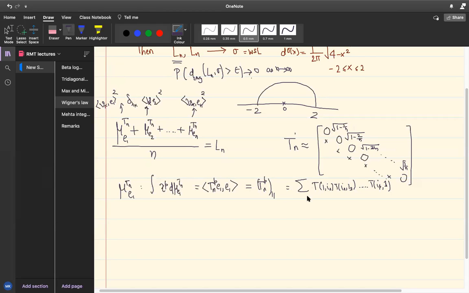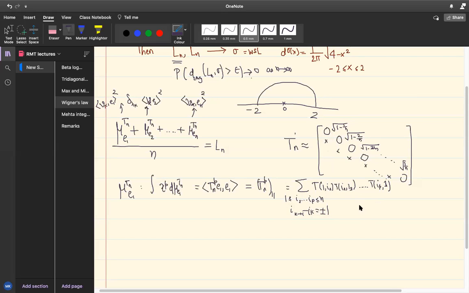I have to start at 1 and come back to 1, and i_2 up to i_p can be any numbers between 1 and n. But because it is tridiagonal, i_{k+1} minus i_k should be plus or minus 1. Also there are zeros in the diagonal, so if i_{k+1} is i_k, I get a zero contribution from the diagonal. So that also I can exclude.